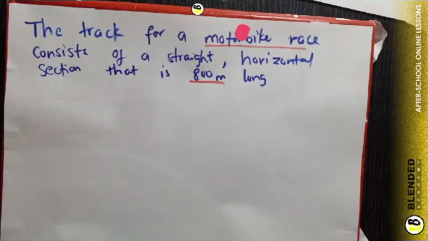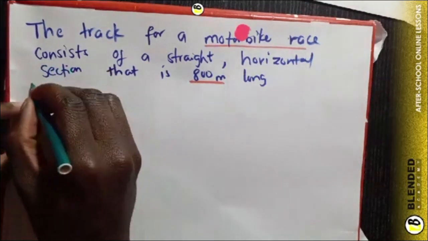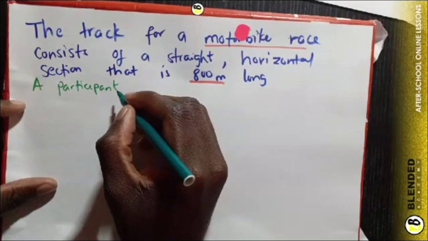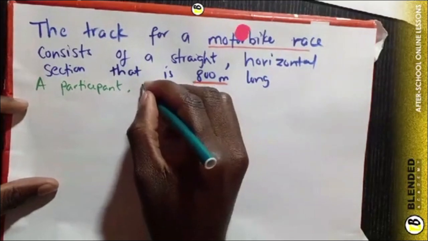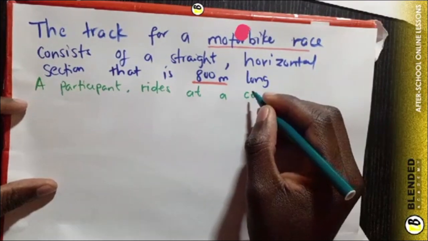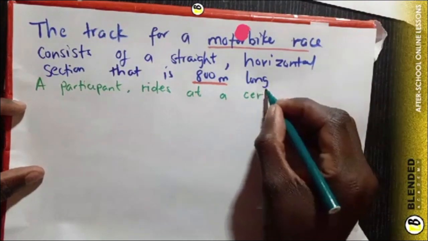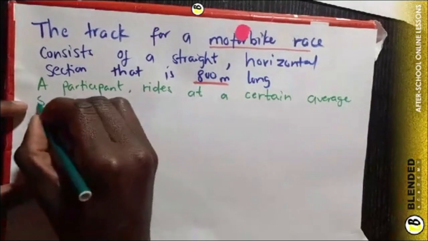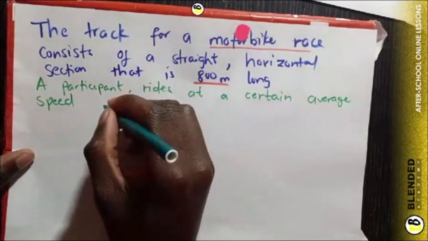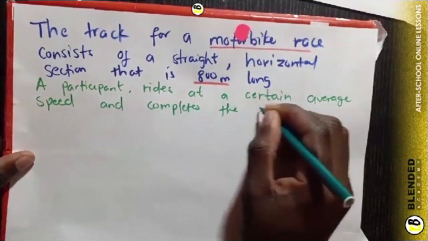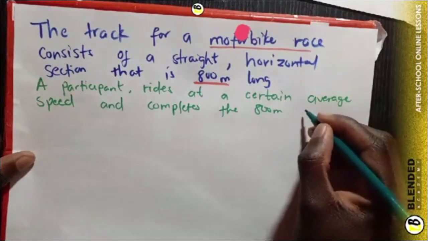All right. So now this question goes further and says that a participant rides at a certain average speed and completes the 800 meter long course in 75 seconds.